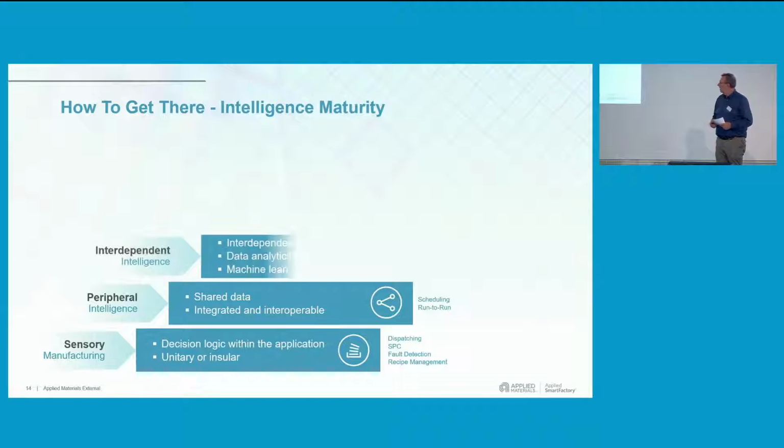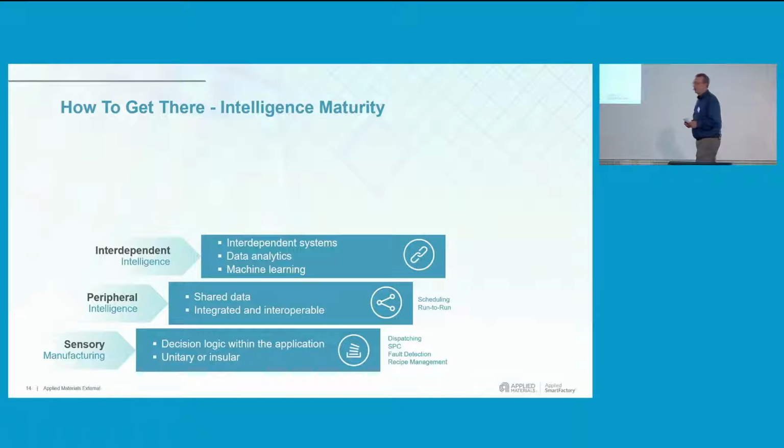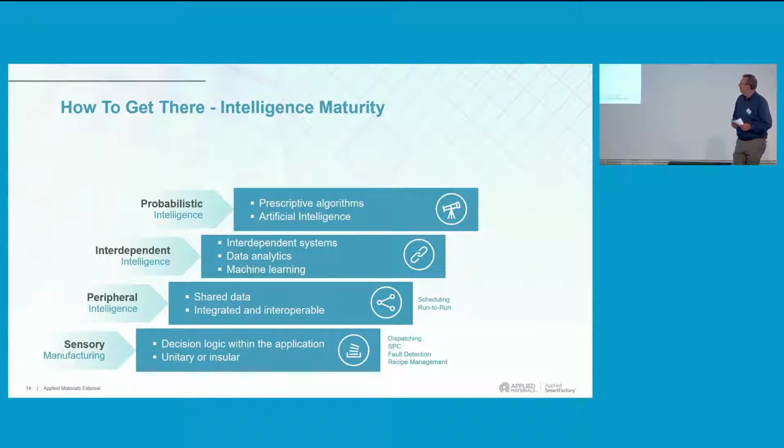Taking another step forward, we call it interdependent intelligence. And what this is, is many systems working together to solve a common problem. This is an environment of learning at this level. As you move on up the stack, the next is probabilistic intelligence.